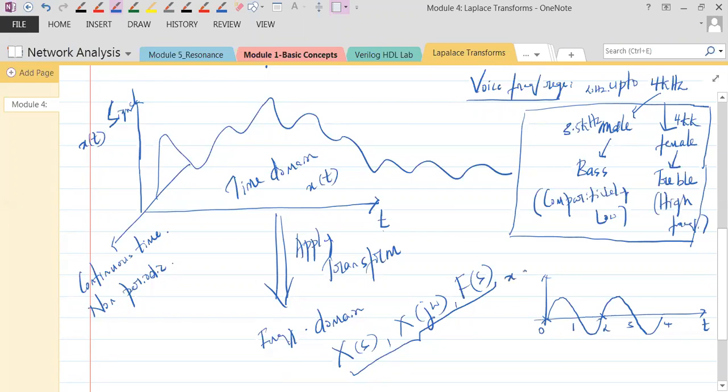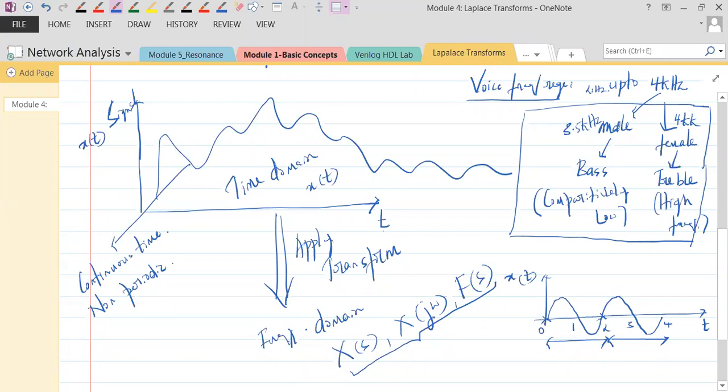This is x of t rather. What is happening to this sine wave? From 0 to 2, there is a pattern, and the same pattern is there from 2 to 4. So that means it is repetitive in nature. The signals which are repetitive in nature are called periodic signals, but our voice, the speech, is not a periodic signal.